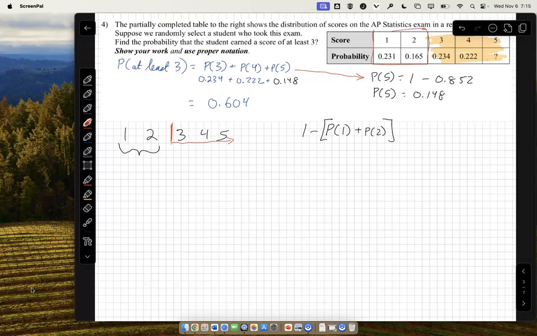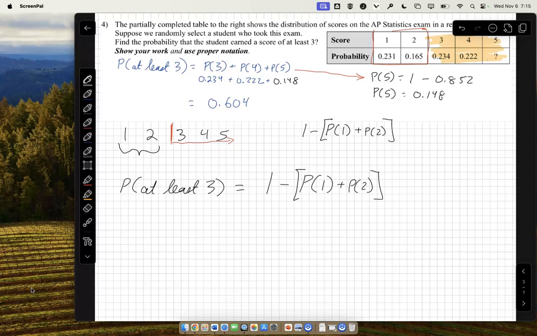So that was really interesting, and I'll write it down here, the probability of at least 3 is going to be the complement, 1 minus the probability of the sum of 1 and 2.